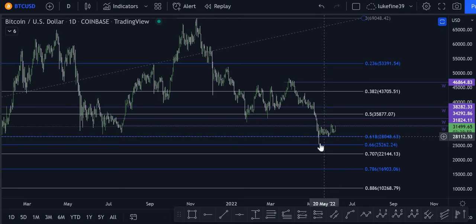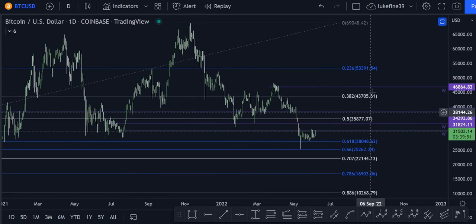As long as we hold this area as support and start making higher lows slowly, we really need to flip this zone, 44K, this area, to really reverse. Come here, retest, get there.